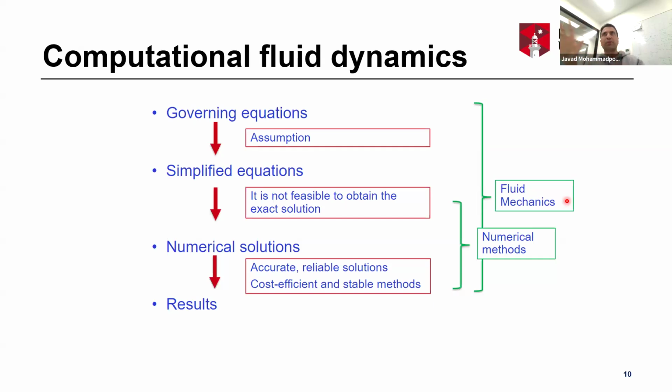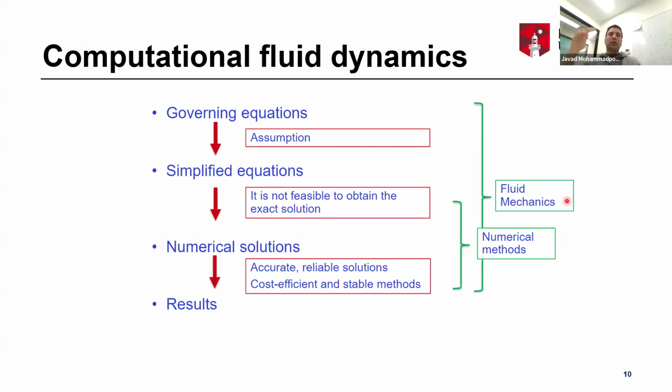After simplifying the equation, if it is not possible to obtain the exact solution, as we discussed, for example, you cannot solve your equation through analytical or mathematical models, you need to use a numerical solution. They are accurate, reliable enough, cost effective, and stable methods.